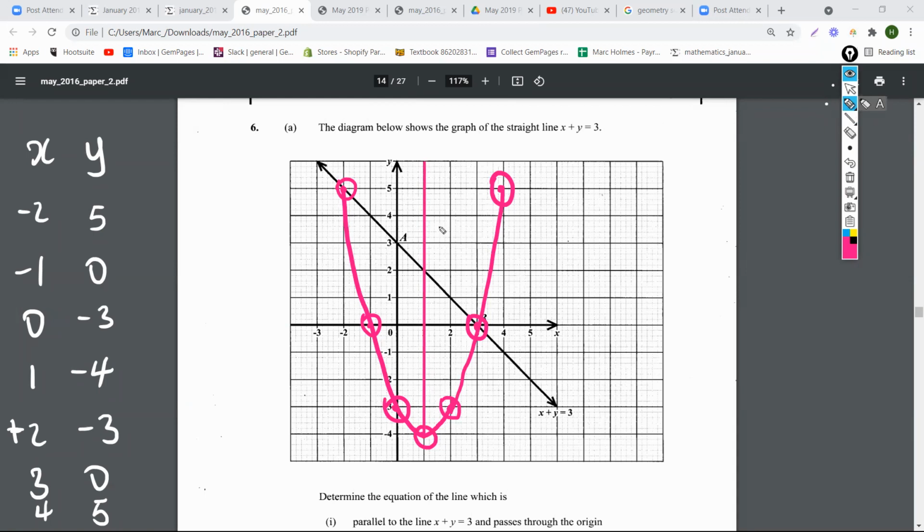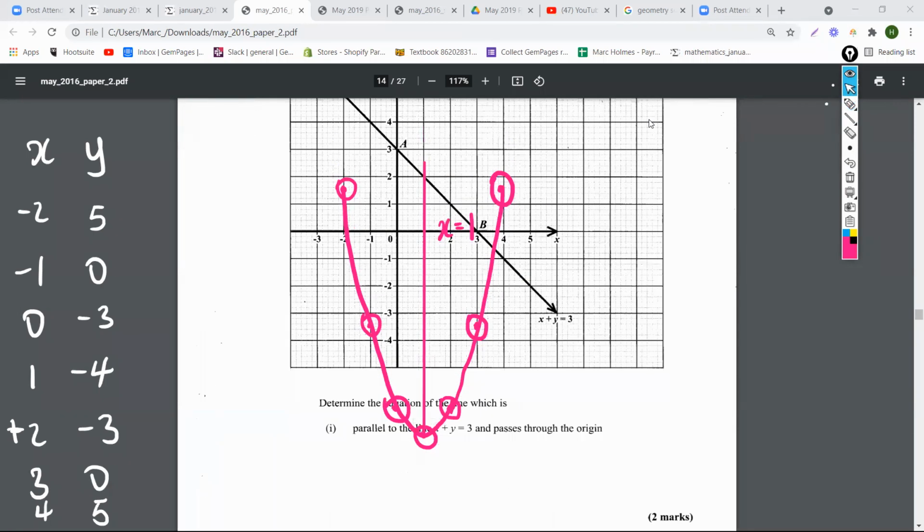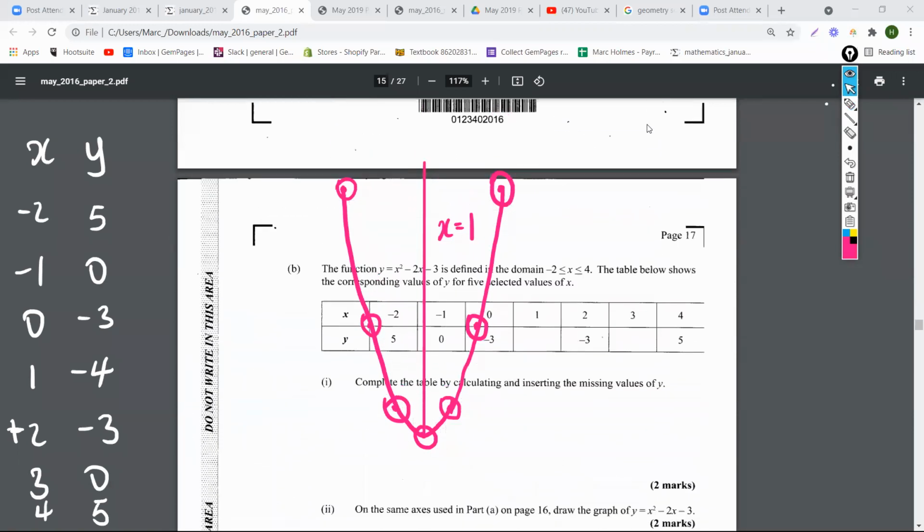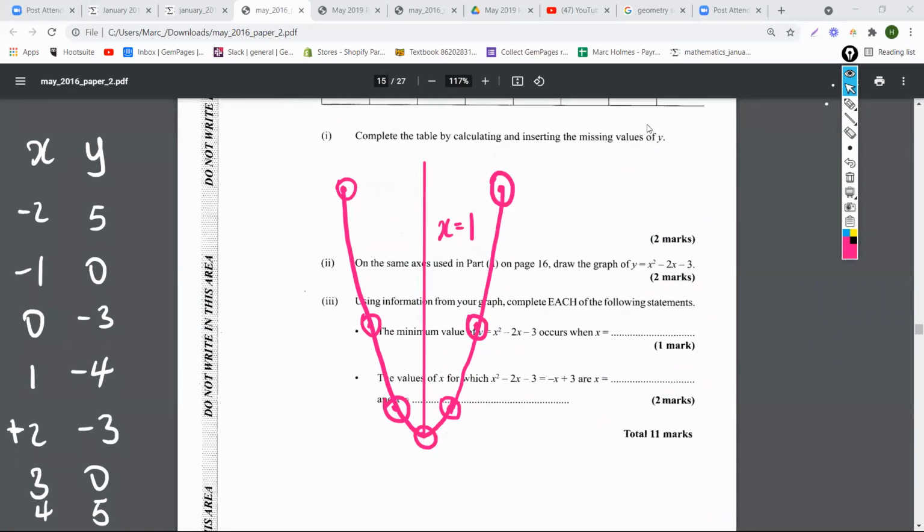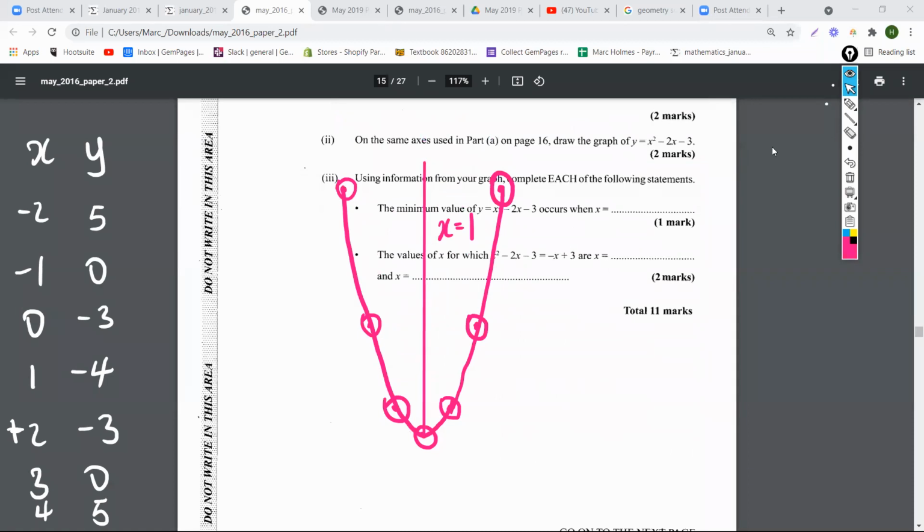So the minimum value is where x is equal to 1. The lowest point on the graph would be considered the minimum point. So when x is equal to 1, that gives the lowest point on the graph. So that's the answer.